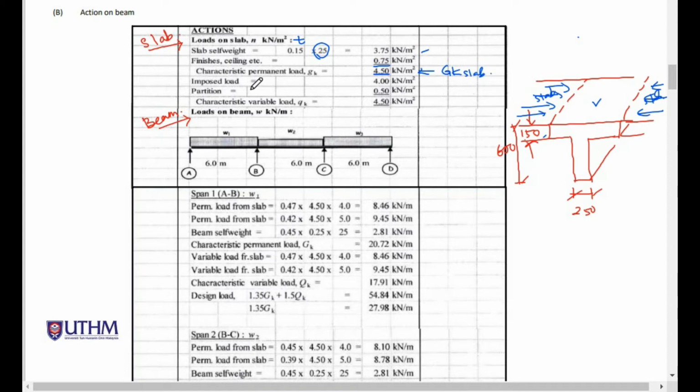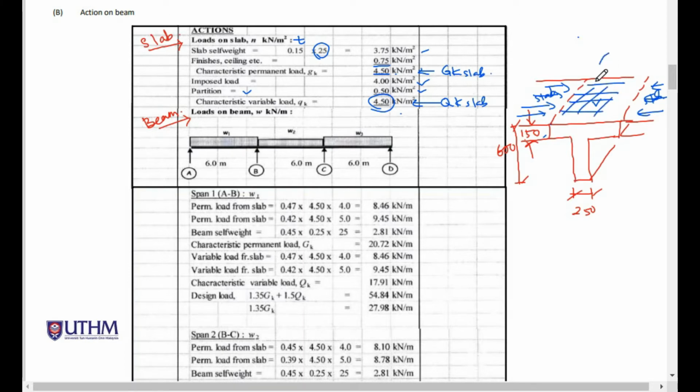Okay, meanwhile for the imposed load given in the question, 4 plus the partition 0.5, the total QK acting on the slab is 4.5. Okay, total QK and this is total GK. So all loading is transferred to this beam here.